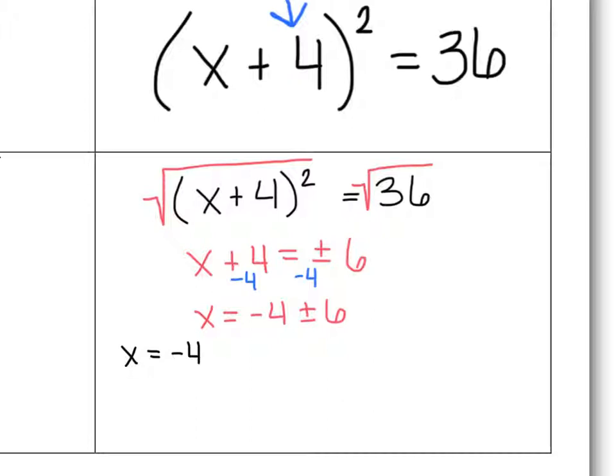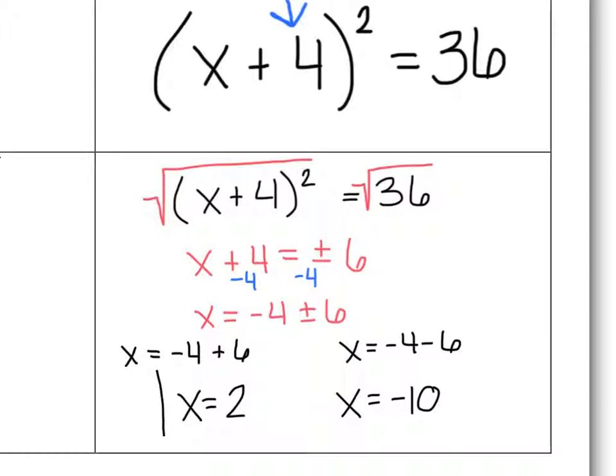So let's write it out. We'll have x equals negative 4 plus 6, and x equals negative 4 minus 6. That way we can go ahead and get single numbers as our answer. So we'll have x equals, what do you get? 2 and -10.